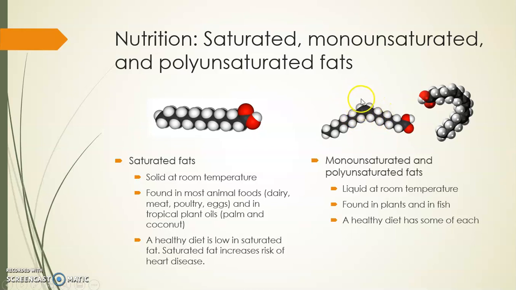And so they like to be liquid at room temperature. And these fats are typically found in plant oils, so think olive oil and canola oil and peanut oil. Those will have a lot of unsaturated fats. They are also found in fish. A healthy diet has both monounsaturated and polyunsaturated fats.